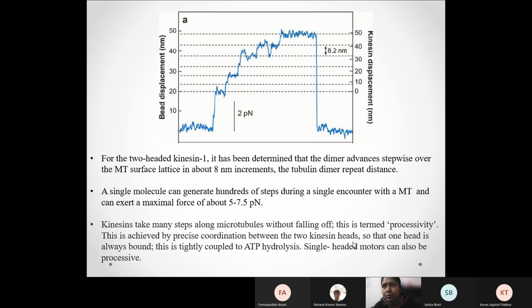So when we move that light back and forth, then that particular bead will also move within its vicinity. Yeah, I'm sorry, I could not get your voice very clearly. Can you repeat that once more, Farman?